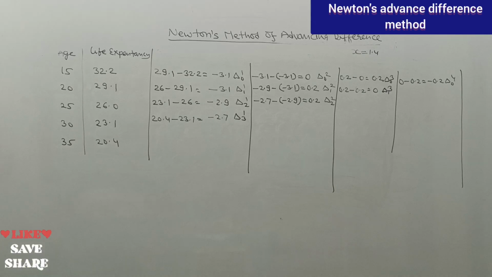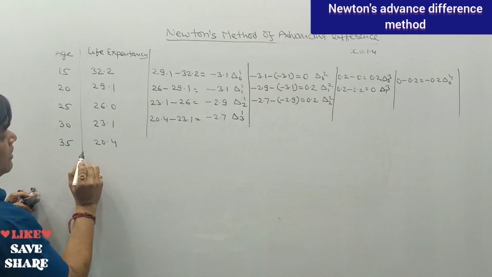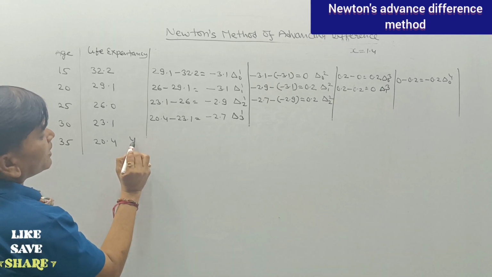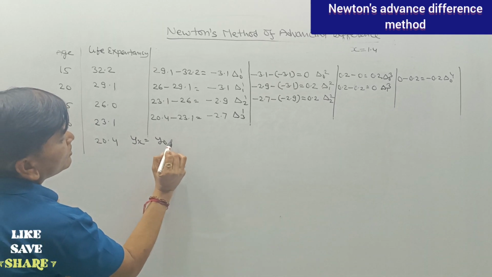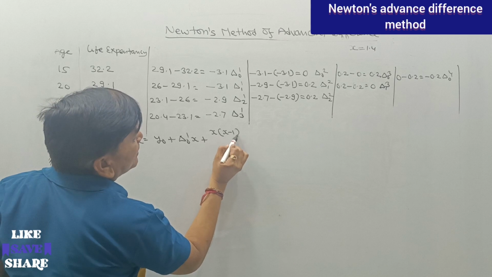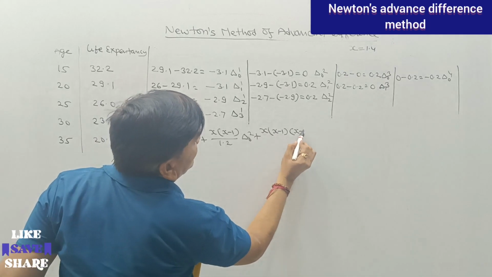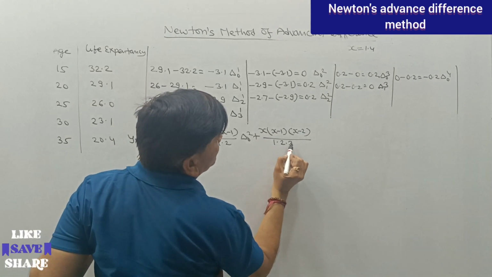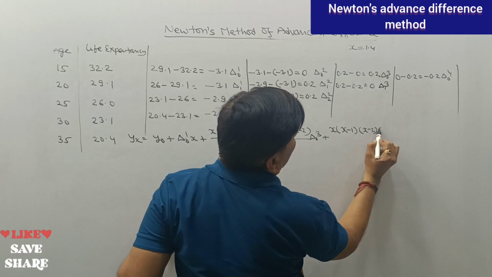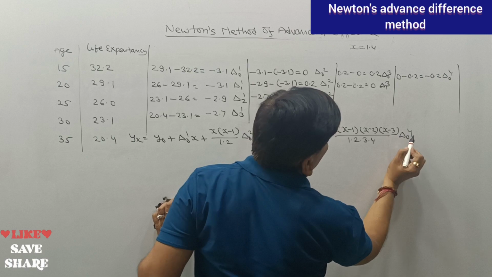Then we will apply the formula, and as we know the formula is yx, that is y0 plus delta 0 1 multiplied by x plus x minus 1 divided by 1 2 delta 0 2 plus x minus 1 x minus 2 divided by 1 multiply 2 multiply 3 delta 0 3, and last x minus 1 x minus 2 x minus 3 divided by 1 multiply 2 multiply 3 multiply 4 delta 0 4.